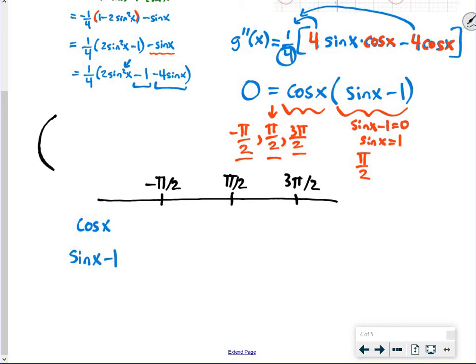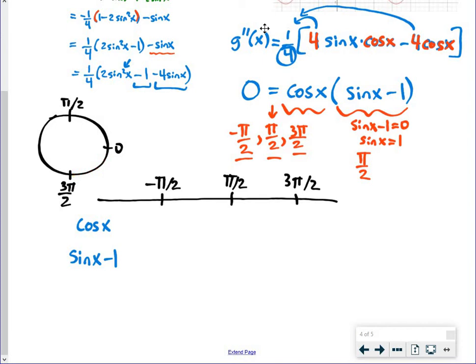Okay, cosine. So think of your unit circle, right? There's pi over 2. There's the 3 pi over 2. So if we track cosine from negative pi over 2, so we'd be starting out here, all the way up to pi over 2. Let's try that again.